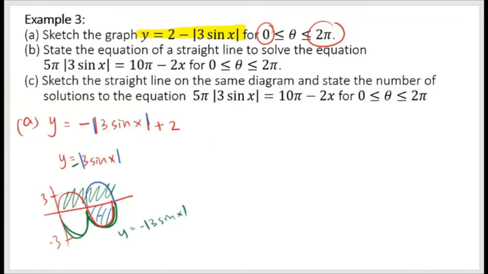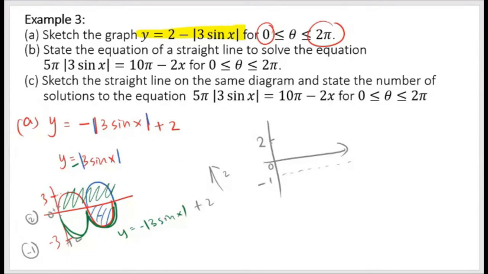Then finally we have to plus 2. Plus 2 means that we move 2 steps up. So negative 3 plus 2 becomes negative 1, and 0 plus 2 becomes 2. So your graph will be in between negative 1 and 2.